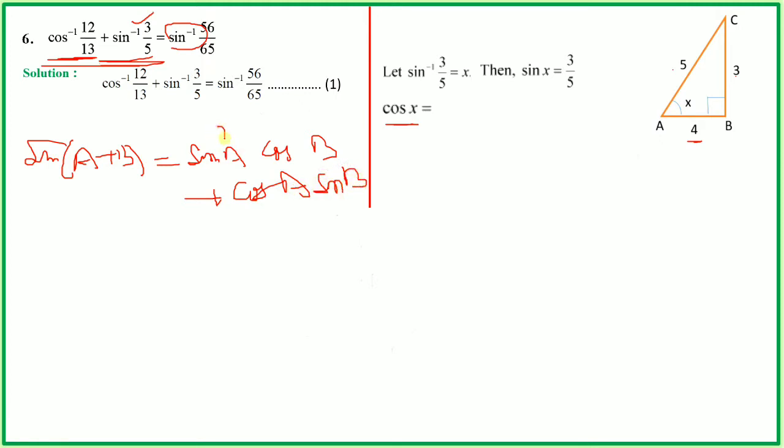So if you have sine x, then you must have sine y also, and if you have sine x, then you must have cos x also.